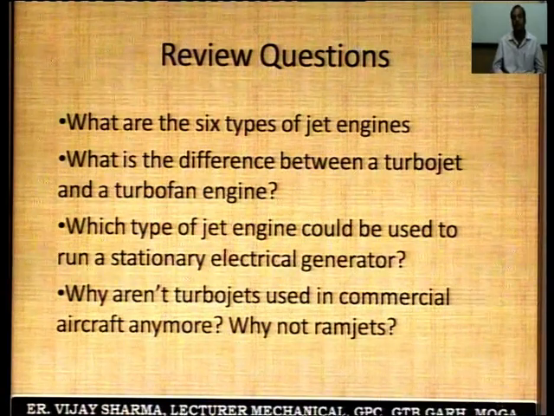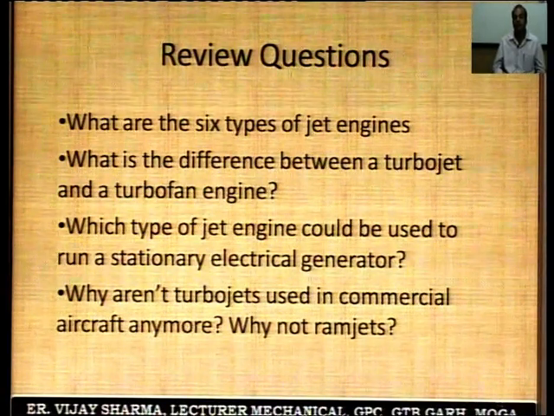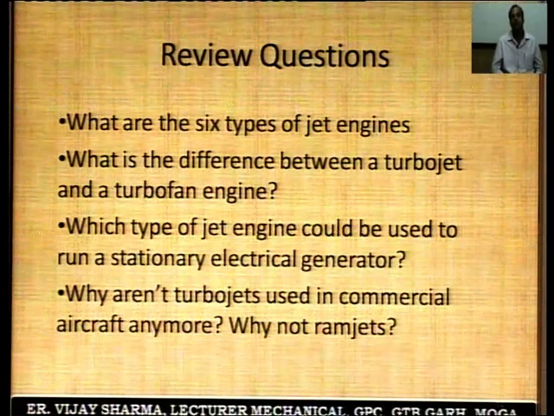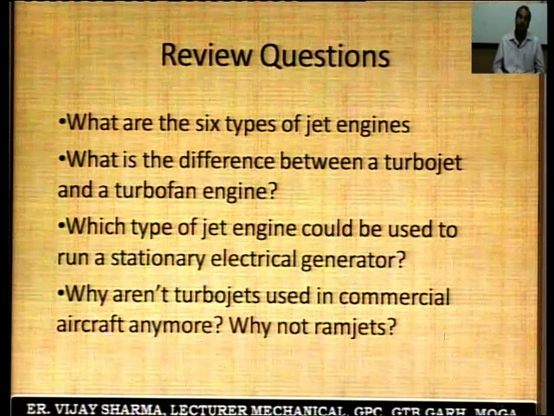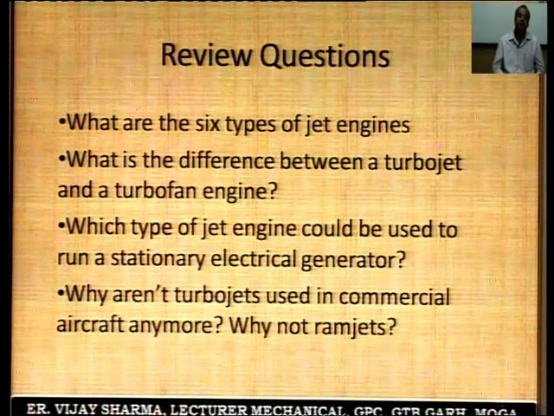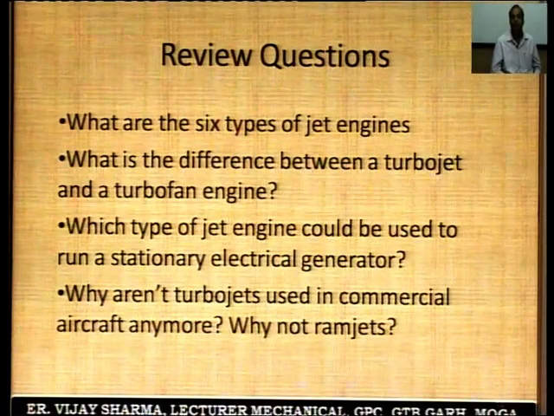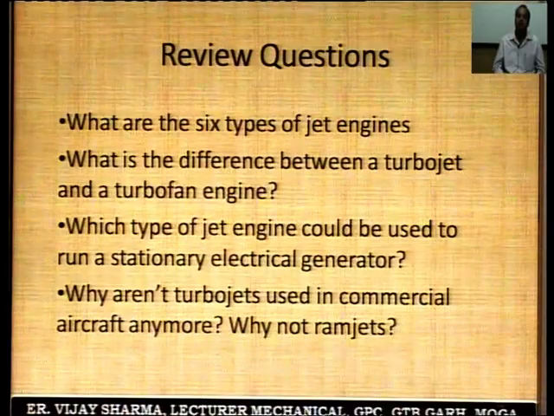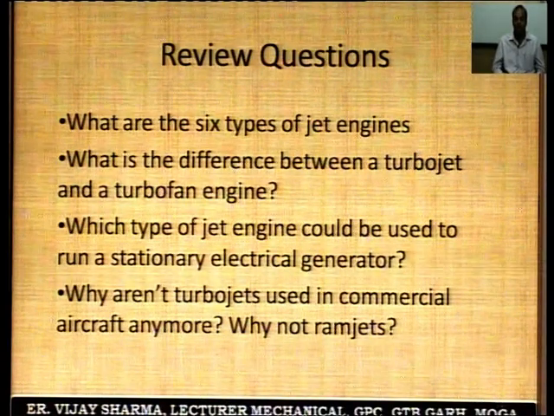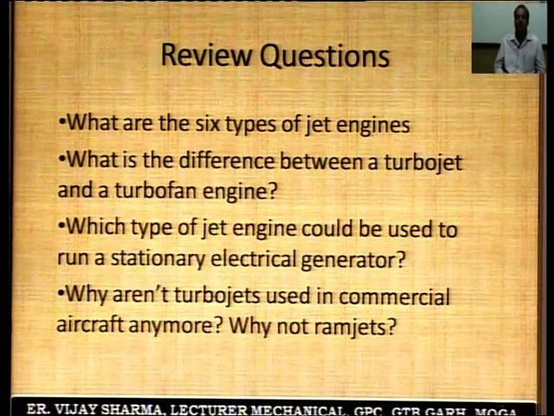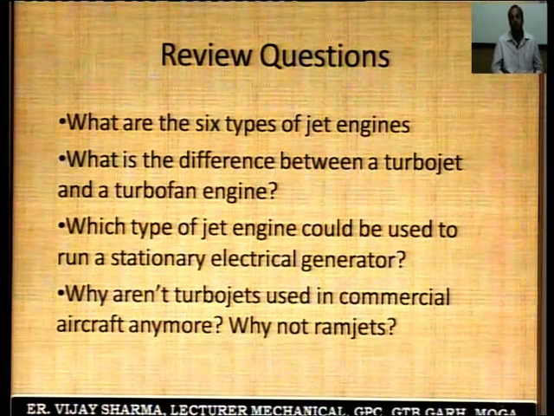Third is, which type of engine could be used to run a stationary electrical generator? And last is, why are turbojets not used in commercial aircraft anymore? Why not ramjets? This is an interesting question. Students can answer these 6 questions after this lecture.